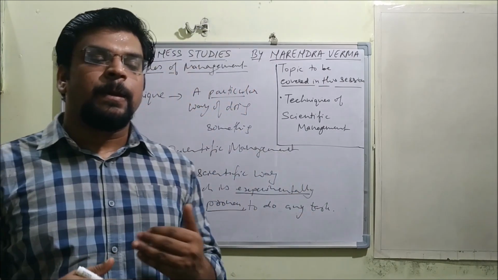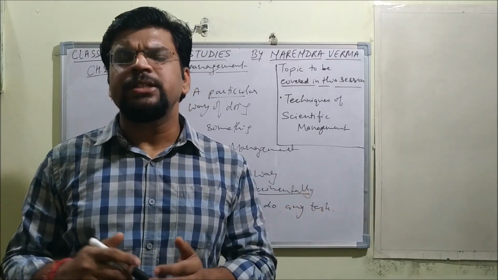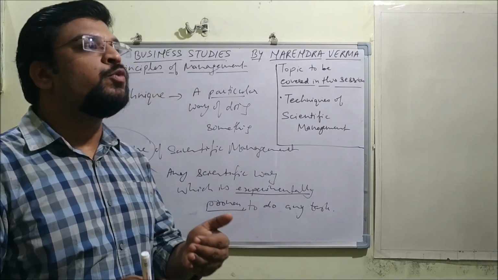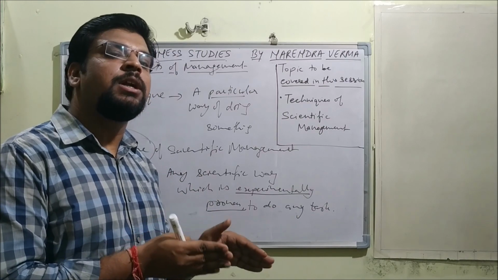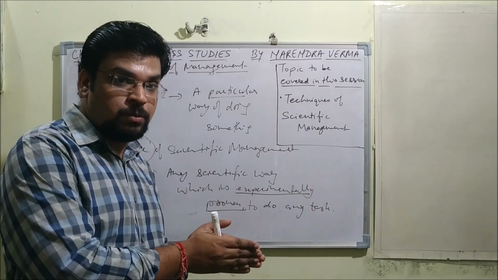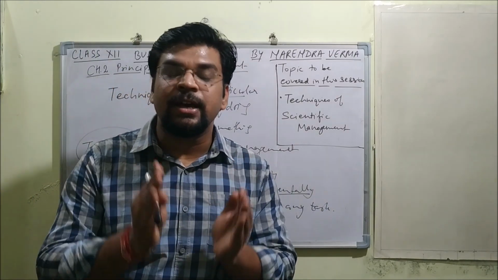During his career he experimented on various things. He developed a lot of methods and then he developed a few techniques. These techniques have been developed after various successful experimentation by F.W. Taylor. That is why these are known as techniques of scientific management.